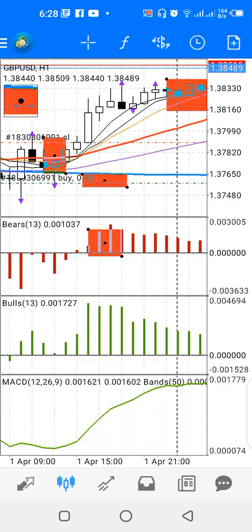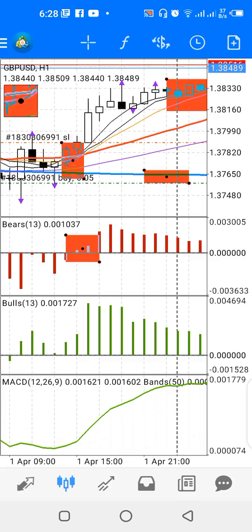When do you have a trend change? When your blue is below all the moving averages. So as long as you have this, you align it with when price closes above all the moving averages.